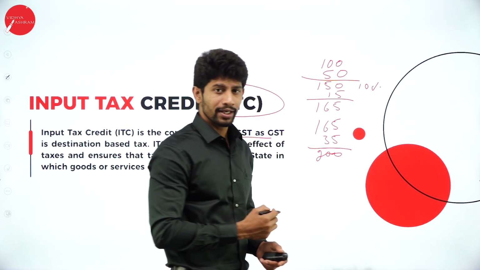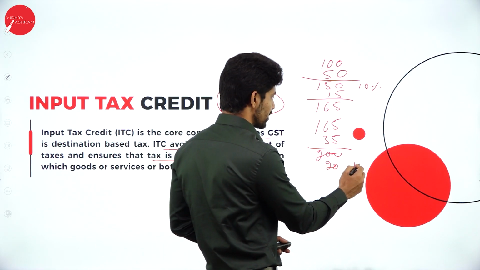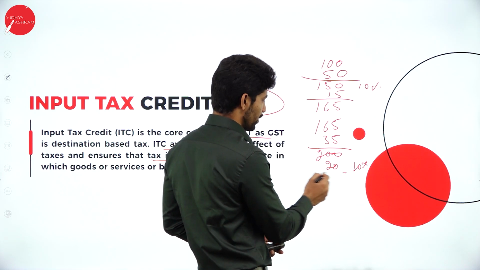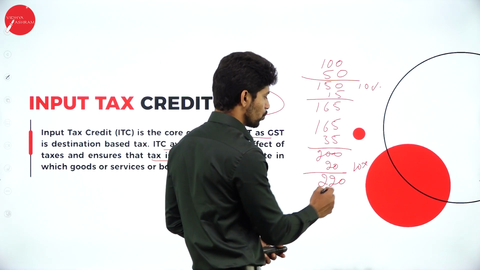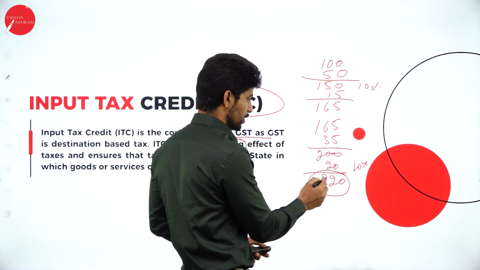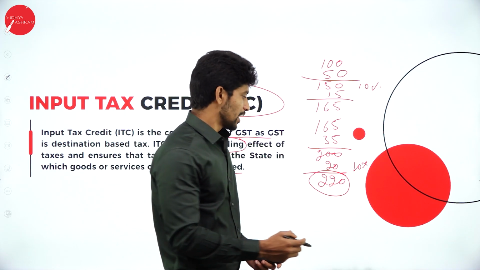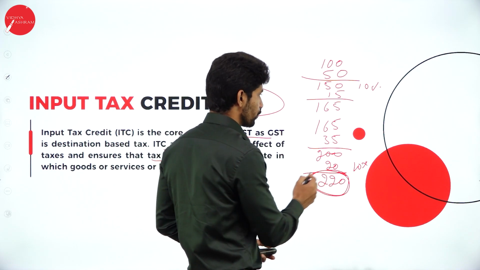On this 200, they will be imposing 10% of tax. It comes to 20. So now the total price is 220. Okay, so now the person who will be purchasing that particular item or the product, the final user, you will be getting the product for 220 rupees.